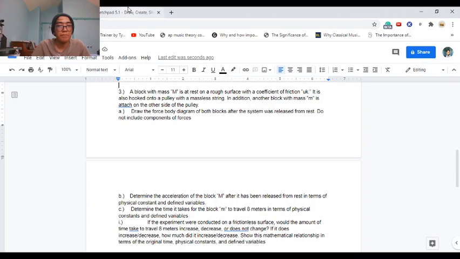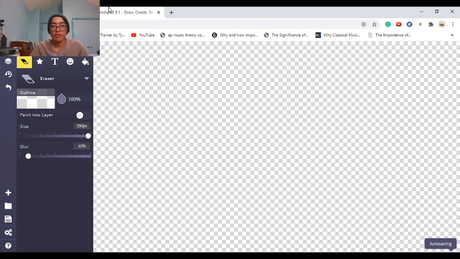But okay. The scenario is a block with mass capital M at rest on a rough surface with a coefficient of friction notated like that. It is also hooked onto a pulley with a massless string. In addition, another block with mass little m is attached on the other side of the pulley. So let's draw this scenario out.